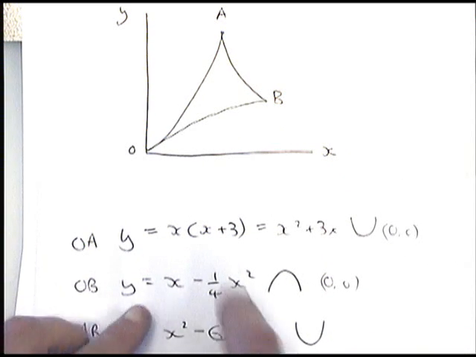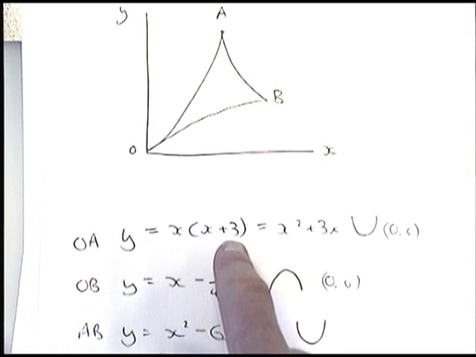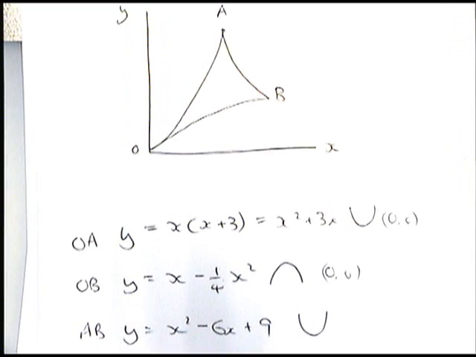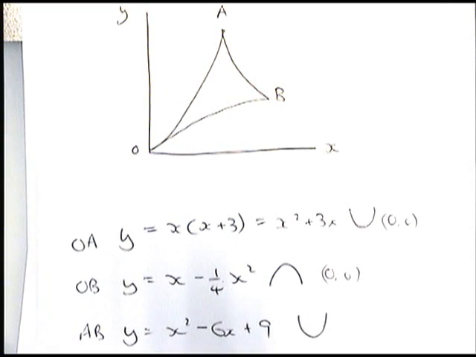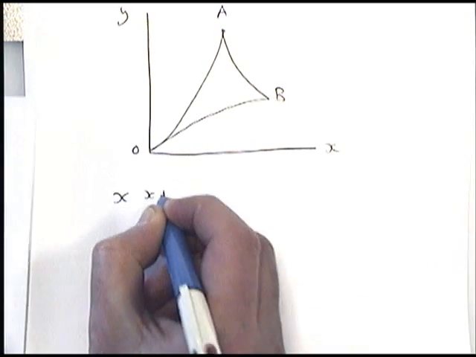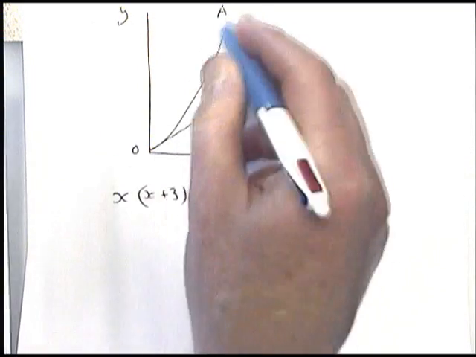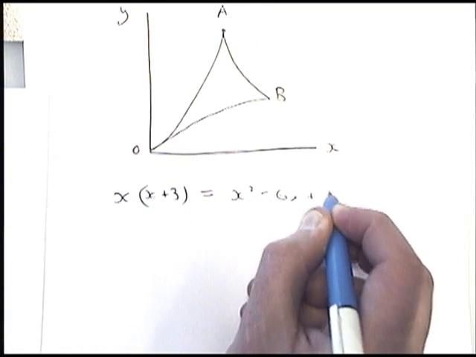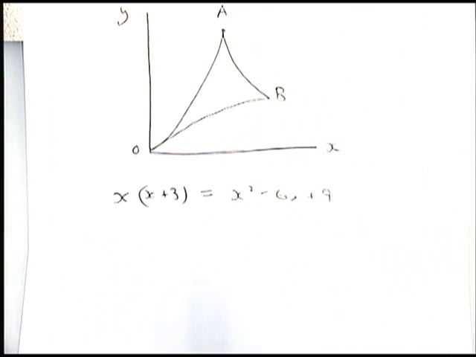Because they're both equal to y, they're equal to each other at that point. So we're going to write down x(x + 3), the equation of OA, equals x squared minus 6x plus 9, which is the equation of AB.